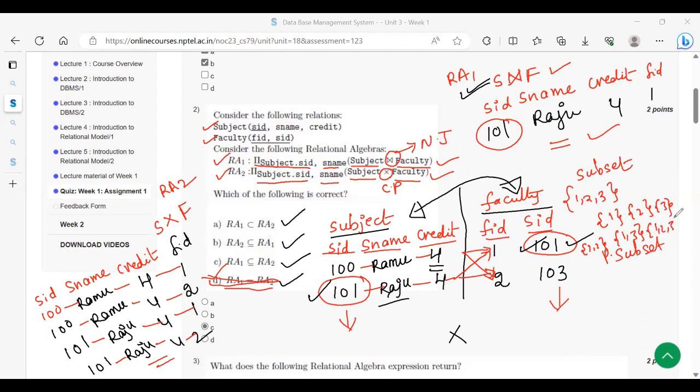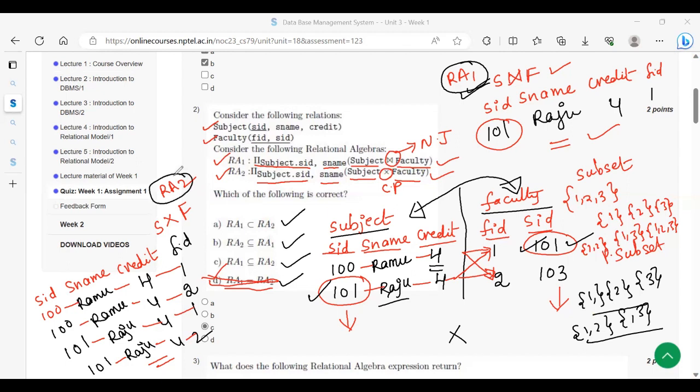These are called subsets. A proper subset would be something like 1, 2, 3 and 1, 2, 1, 3. These are called proper subsets. Now we are going to check whether RA1 is a subset of RA2, a proper subset of RA2, or equal to RA2.